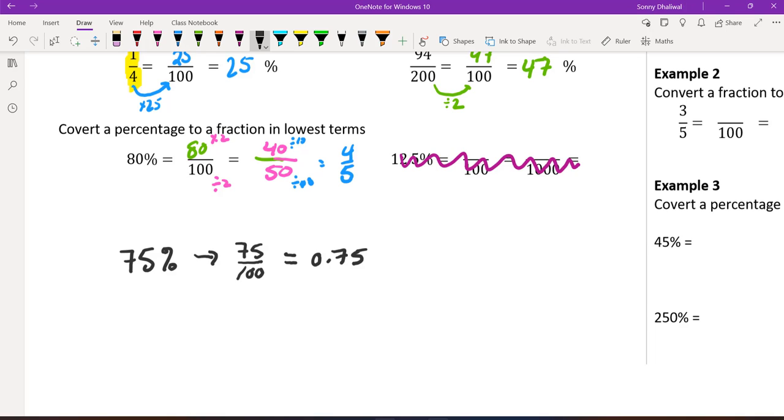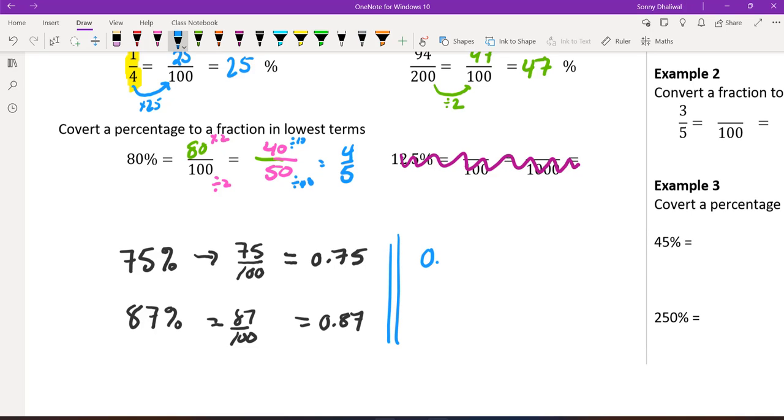What if I give you 87% and I want that as a decimal? What would it look like? 0.87. You go 87 over 100, right? Now, what if I want to go the other way?